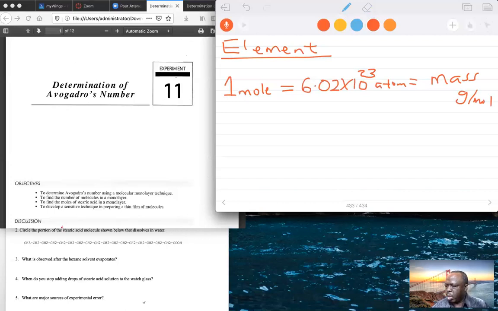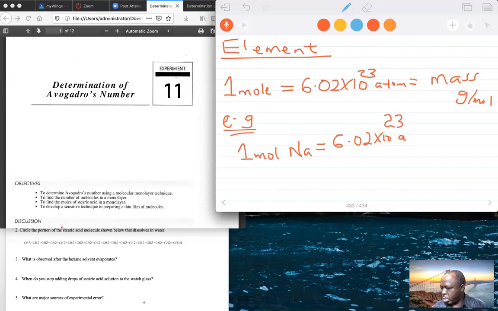For example, 1 mole of sodium, an element on the periodic table, has 6.022 times 10 raised to 23 atoms of Na, which equals 22.9898 grams per mole on the periodic table.